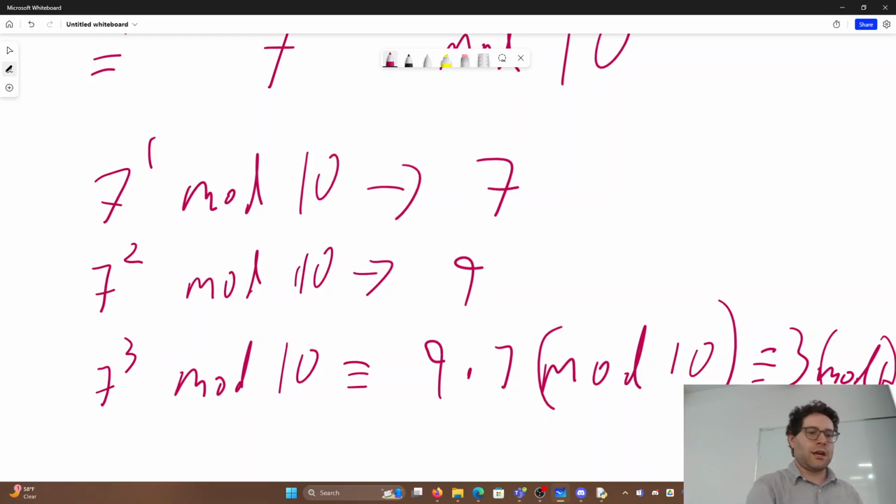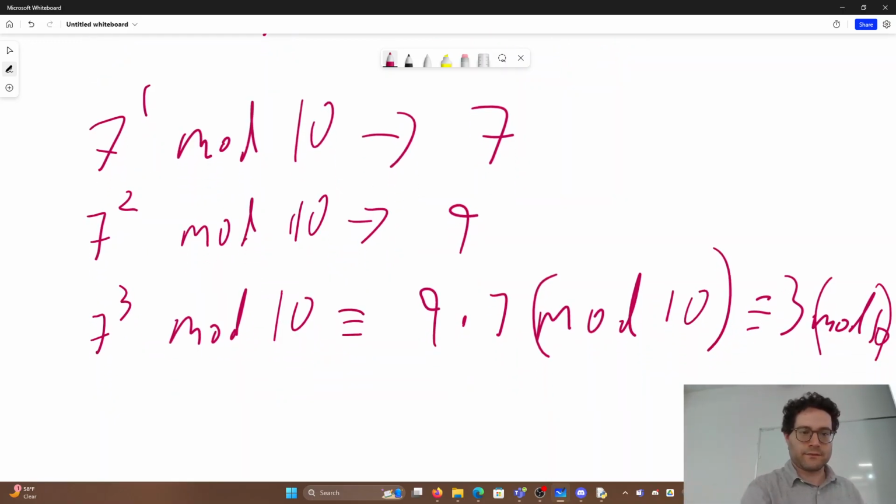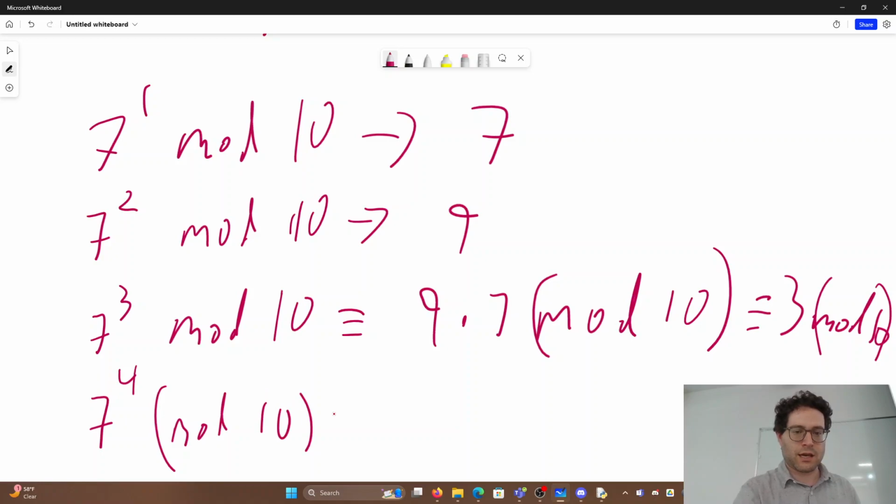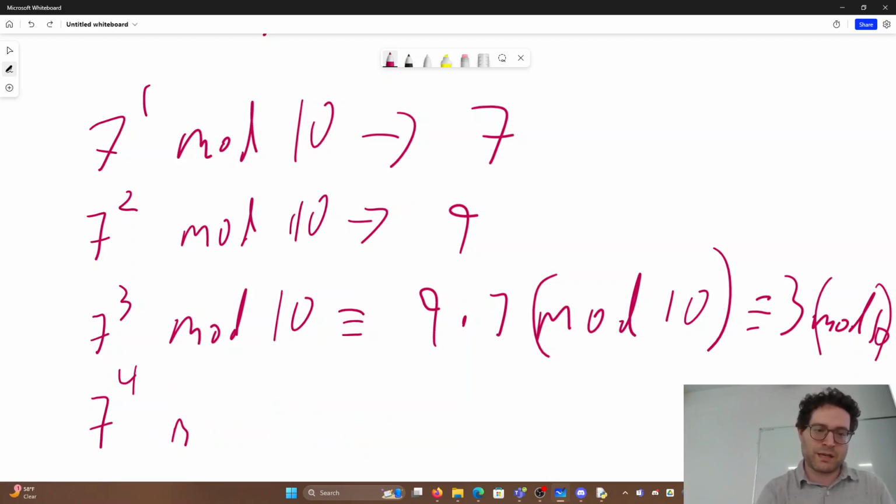Now once more, 7 to the 4th power, we can use the same trick. I'll just add in the mod 10 at the end, rather than taking up all that space. 7 to the 4th power we can rewrite as 7 to the 3rd times 7.